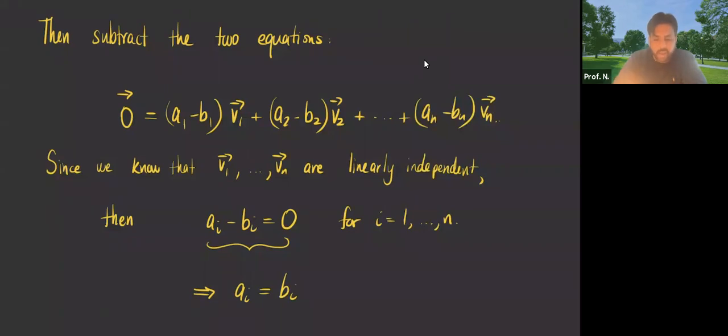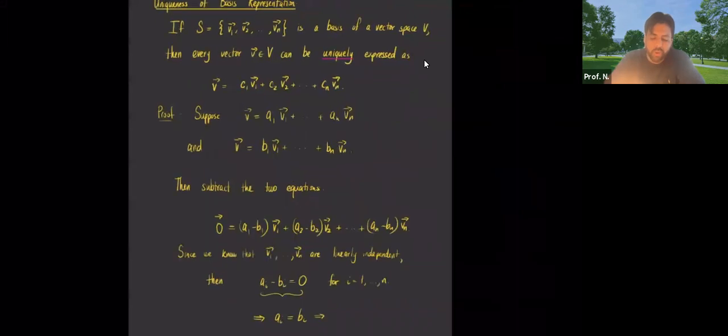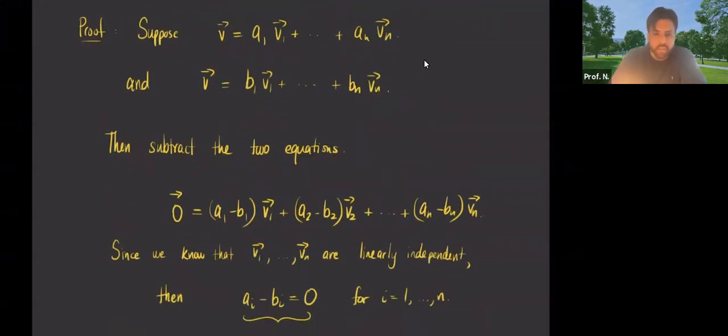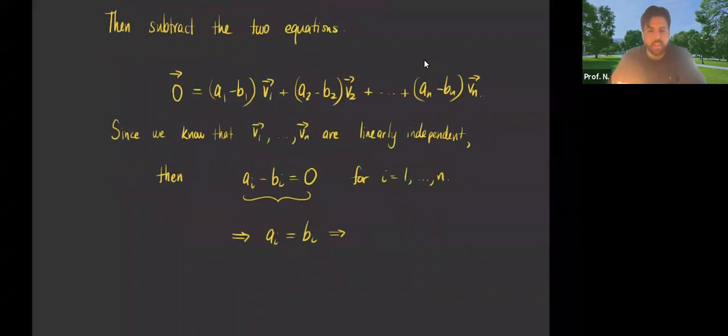If Ai equals Bi, what do we say? Were there really two different coefficients? It means that there is only one way to express a vector V as a linear combination of V1 through Vn. That's the result. Do you guys see the argument?